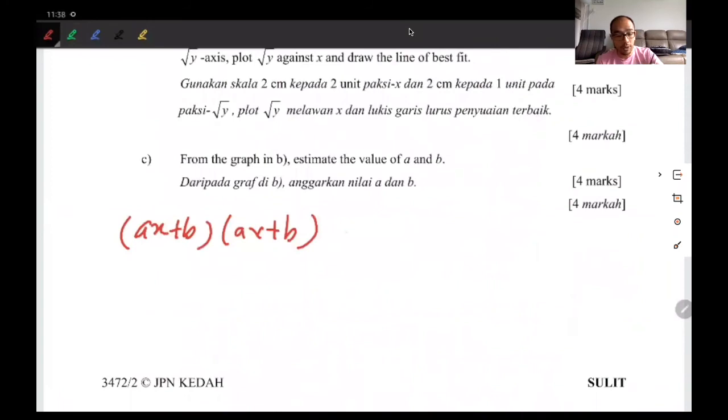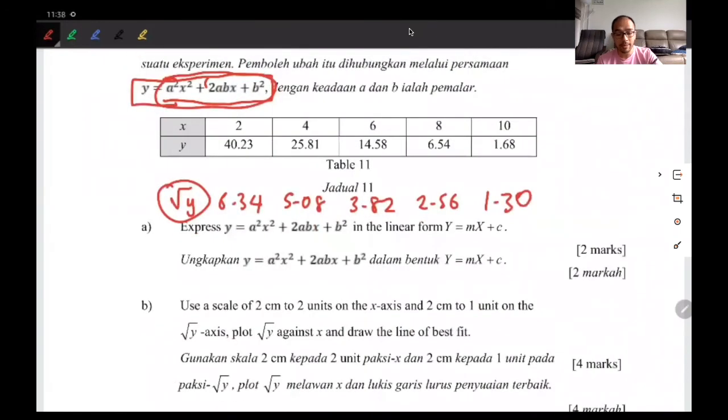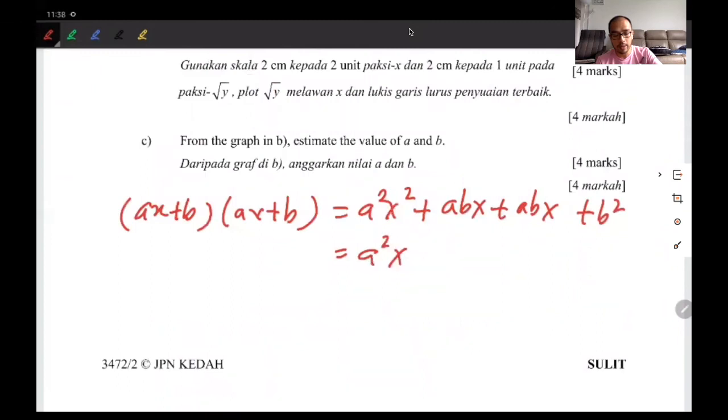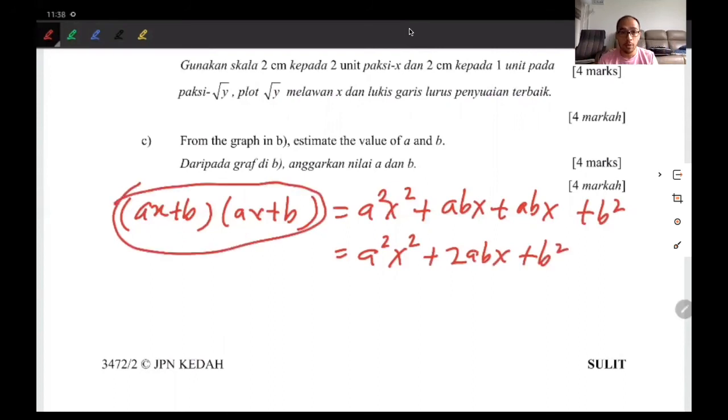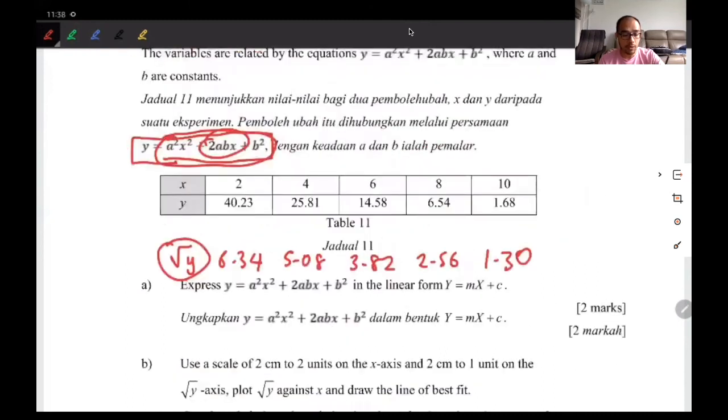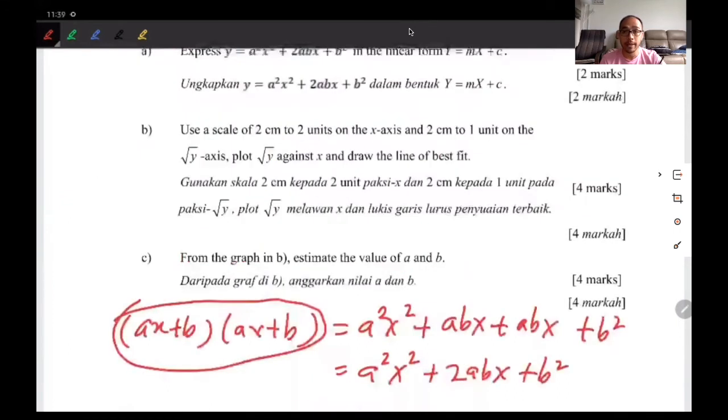Because if you do this, you get a squared x squared plus abx plus abx plus b squared, which is 2abx. A squared x squared plus 2abx plus b squared. So actually ini dia punya bentuk lepas kita faktorkan, which means that I can convert this to y equals to ax plus b, the whole thing squared.